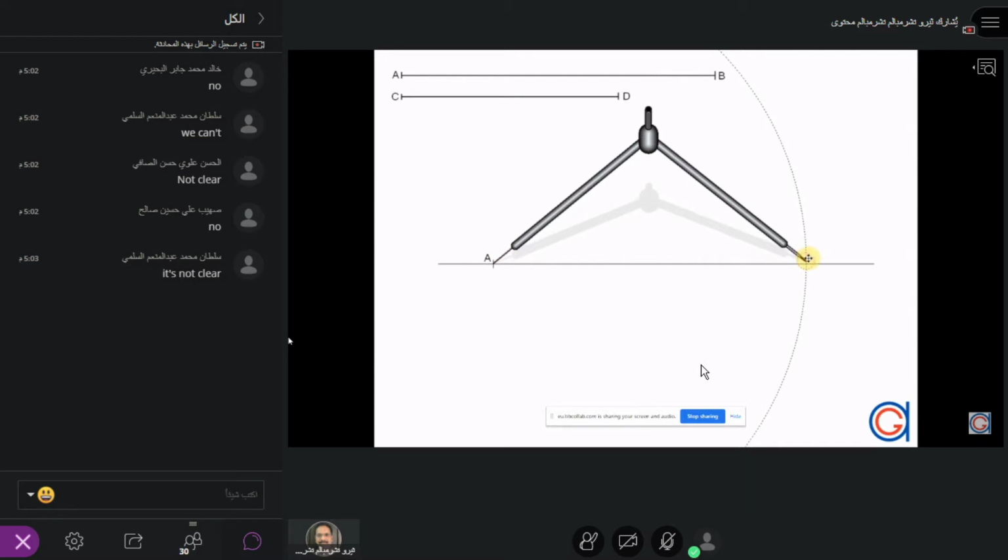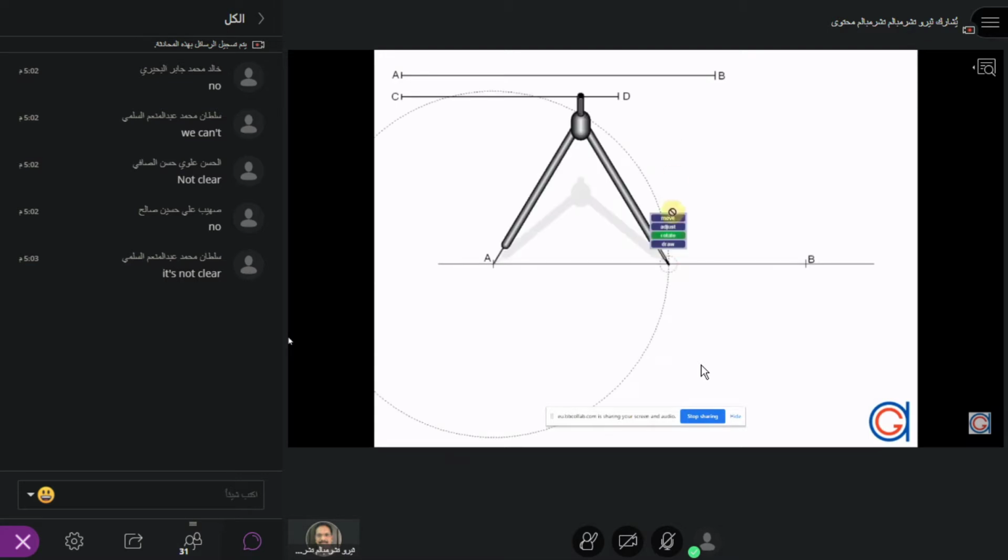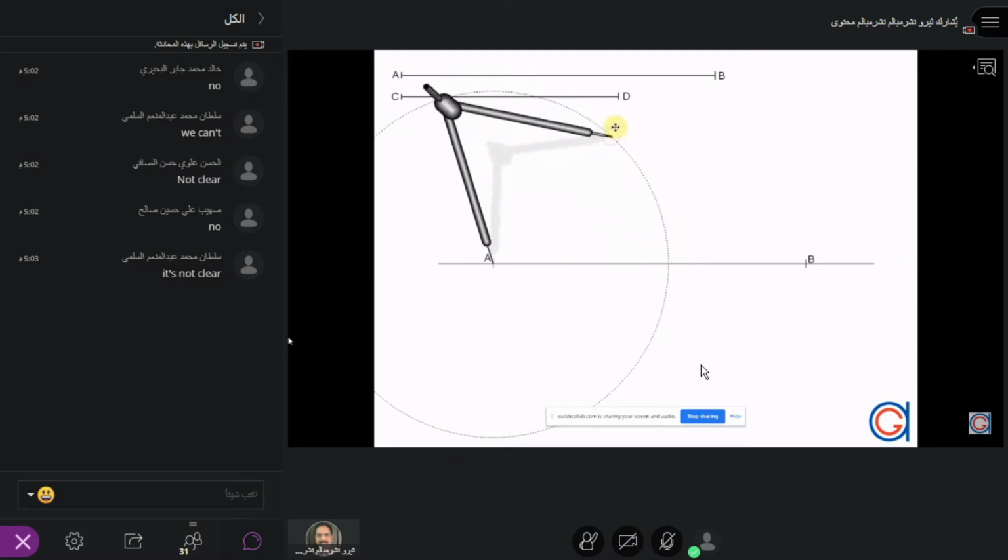Setting our compass on A and scribing point B on the horizontal line. So now that we have the horizontal axis AB, we are going to work out its perpendicular bisector, because this is where our second smaller axis CD will be located.